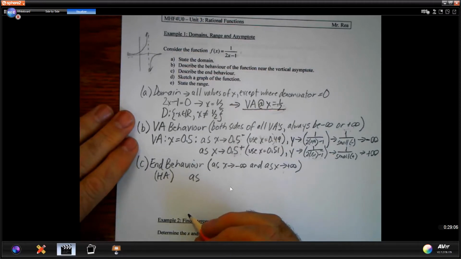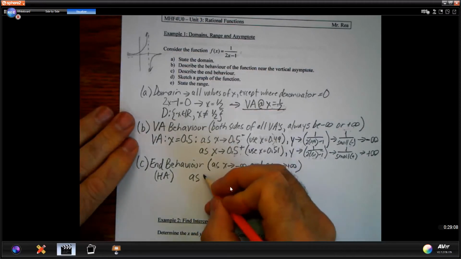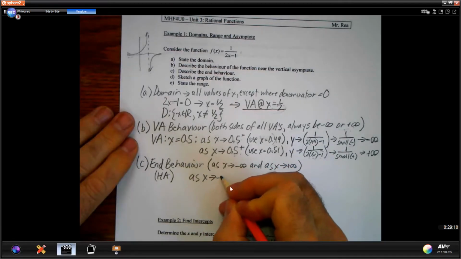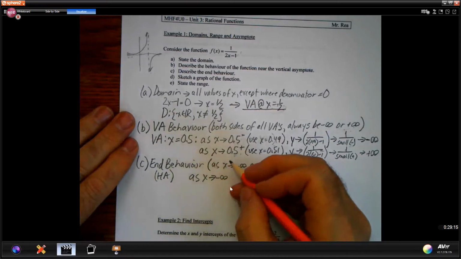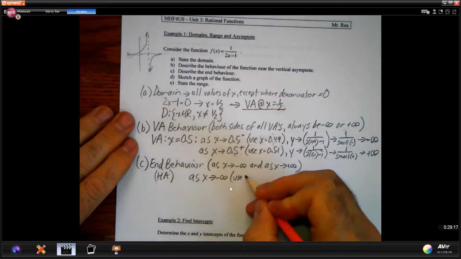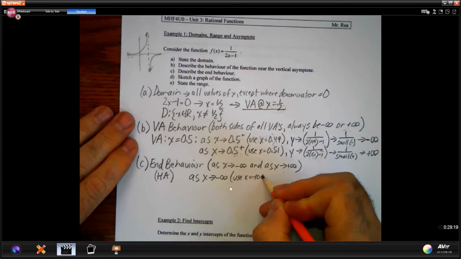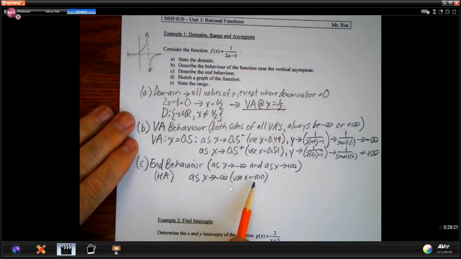I'm just going to say, what is the value of the function at x equals negative 100? This is an arbitrary number that I like to use. That's a pretty large negative number, and you can get your answer fairly quickly. Negative 10, negative 20 may not be as large as you need, but negative 1,000,000 would be overkill.